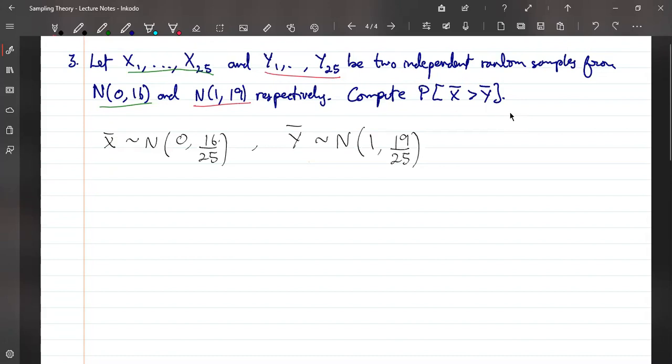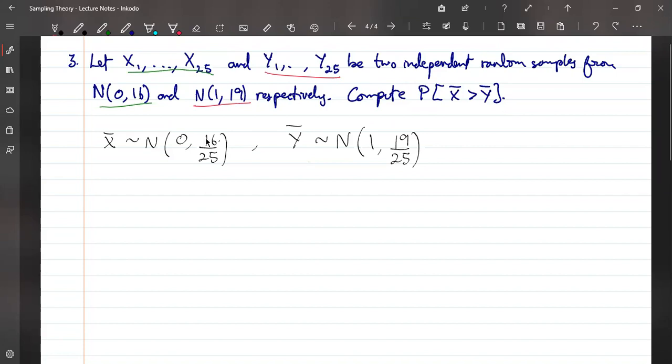So usually if you are given such a problem, it is a question of two-dimensional random variable. So now forget the samples and sampling. We just have two independent random variables whose distributions are known. We just have to compute this probability. So usually we would set this up as a two-dimensional random variable problem and then compute the area under the curve and so on.